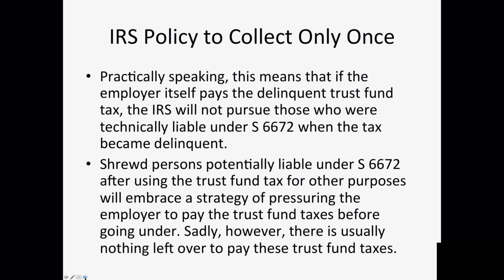Practically speaking, this means that if the employer itself pays the delinquent trust fund tax, the IRS will not pursue those who were technically liable under 6672 when the tax became delinquent. Shrewd persons potentially liable under 6672 after using the trust fund tax for other purposes may embrace a strategy of sorts. And that strategy may include pressuring the employer to pay the trust fund taxes before going under.